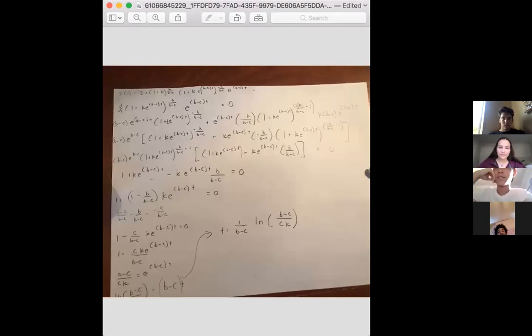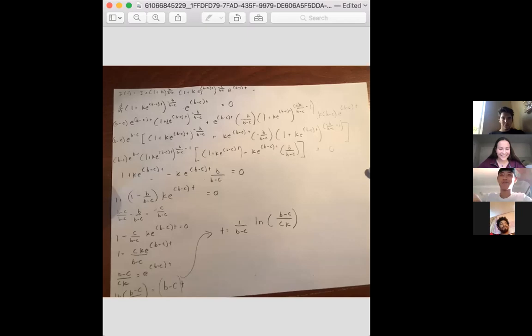But then once you get that, you can just do the factored version, which is plus k to the a minus b minus a b minus ct plus k to the b minus ct times b over b minus c is equal to 0.